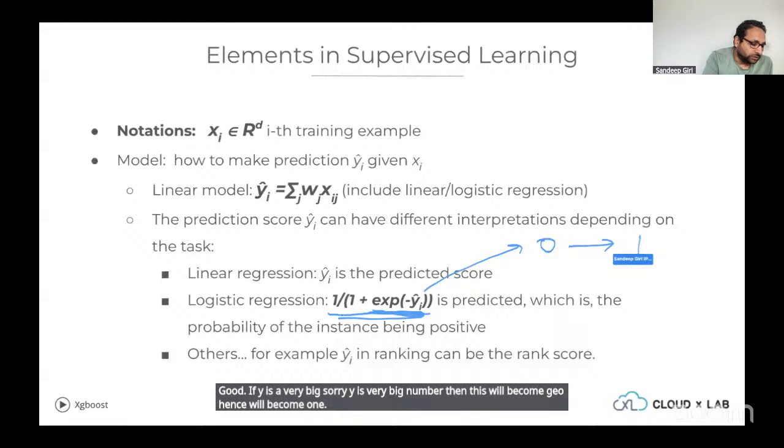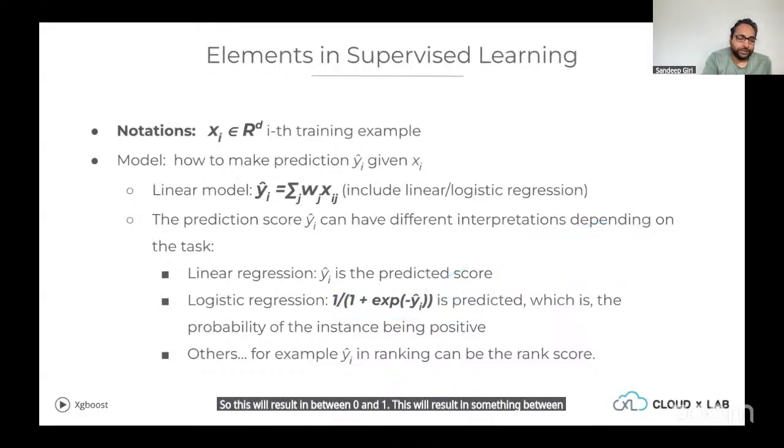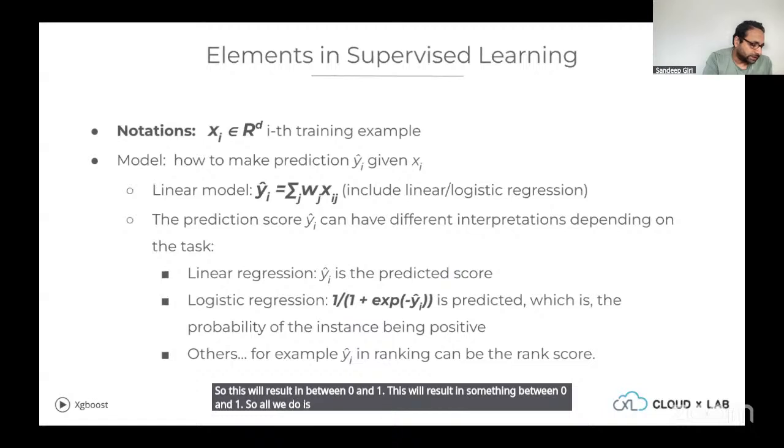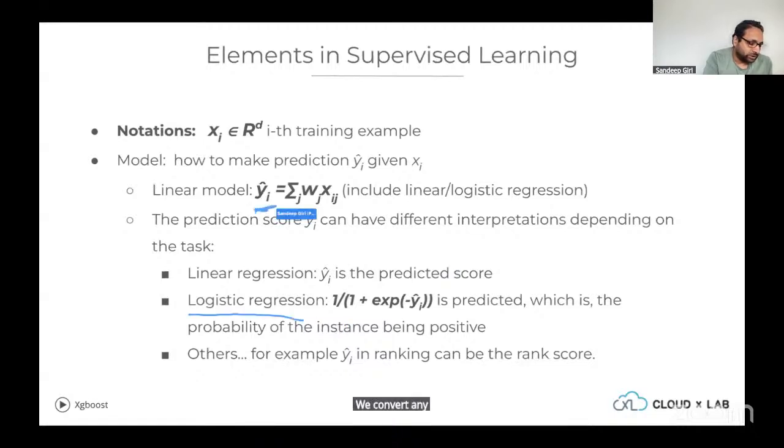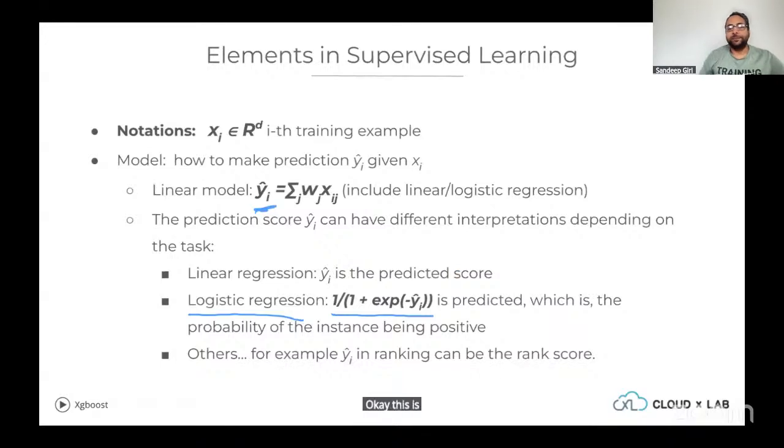So this will result in something between 0 and 1. So all we do in case of logistic regression is convert any number by passing it through this function to something between 0 and 1.